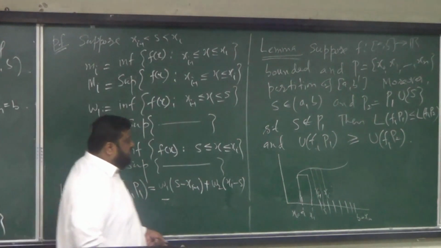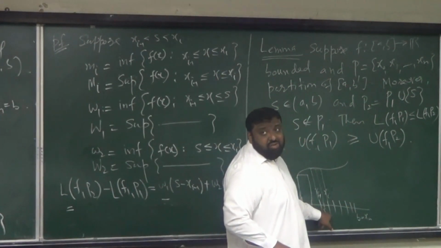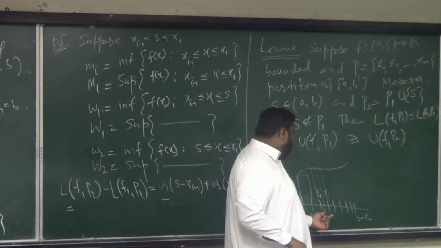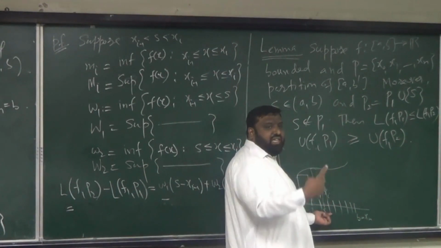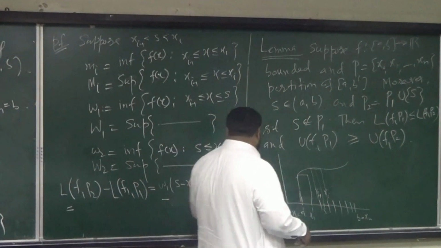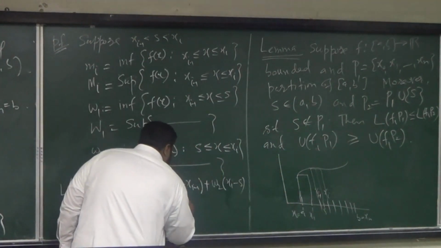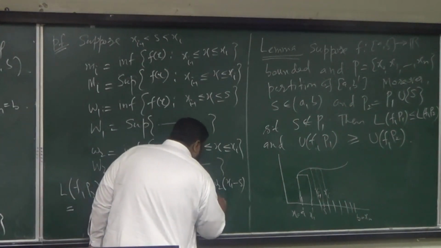With respect to partition P1, this is nothing but basically just one rectangle. So what is the width of this rectangle? x_i minus x_{i-1}. And what is the minimum in this rectangle? m_i. So you're going to have m_i multiplied by (x_i minus x_{i-1}).